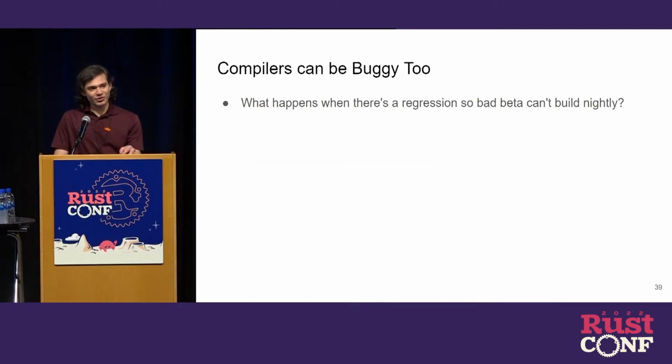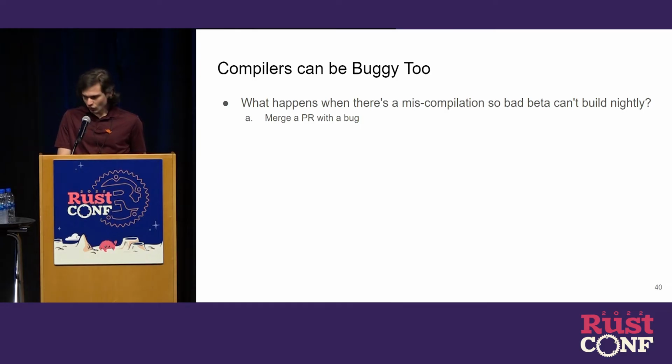Now, there's another type of bug, which is when we miss a bug, it makes it past tests, it gets merged to nightly. But when we try and build the next version of the compiler, when we promote nightly to beta, we can't compile the new nightly compiler.